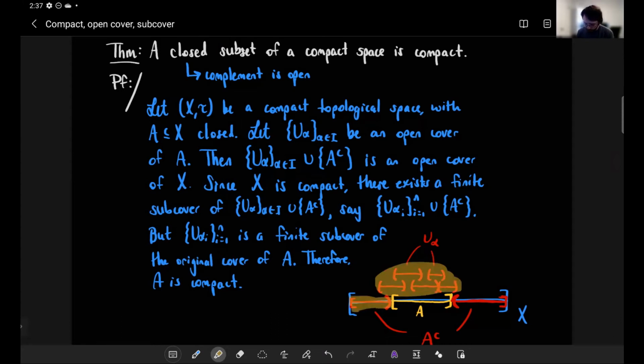The complement is another open cover. That gives me a cover of my entire space X. But X is compact, so that restricts to a finite cover, and that finite cover will cover A as well. And there you go. So closed subsets of compact spaces are compact.